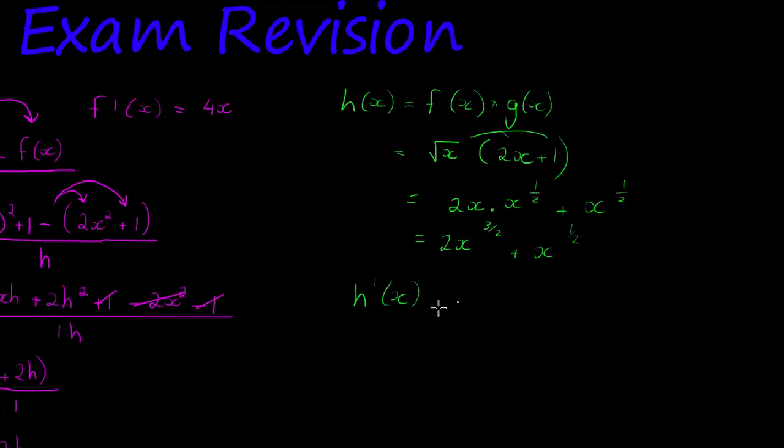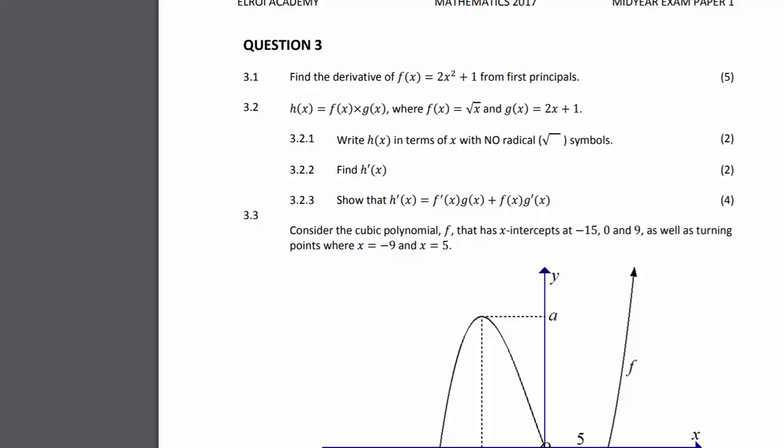The derivative is now just multiplying the power in front, so the 3 over 2 times the 2 gives me just 3x, and 3 over 2 minus 1, so that's 1.5 minus 1, is just a half, plus this side is 1 over 2 because there's a 1 in front, so multiply gives me a half x times, and then a half minus 1 is minus a half. Excellent, you don't need to go any further.